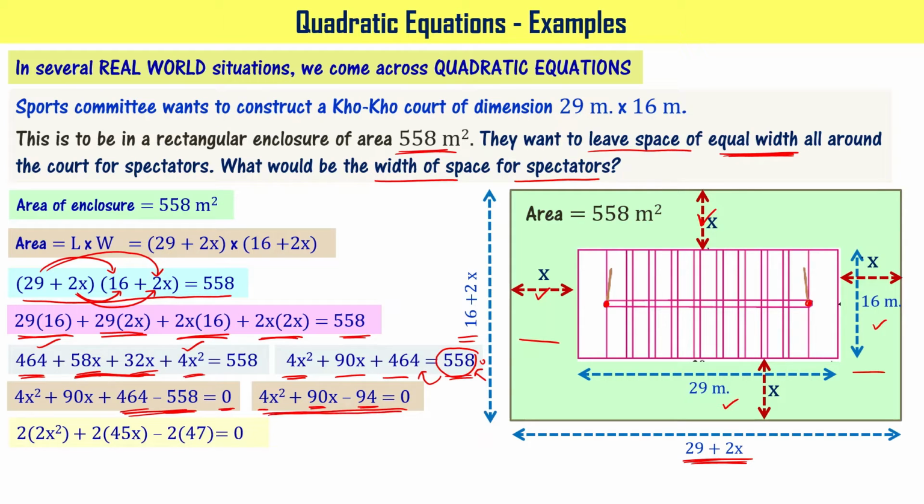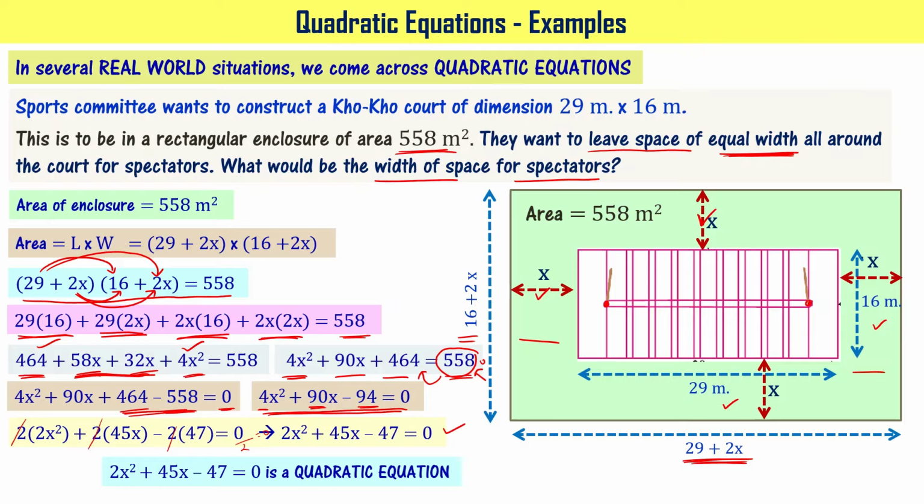Now if I divide both sides of the equation by the number 2, this 2 gets cancelled, this 2 gets cancelled, and this 2 also gets cancelled, and I will have 0 by 2, that is equal to 0, right? For that reason, I can write the equation as 2x square plus 45x minus 47 equal to 0. This is also in the form of ax square plus bx plus c equal to 0, right? That's why we say that it is a quadratic equation.